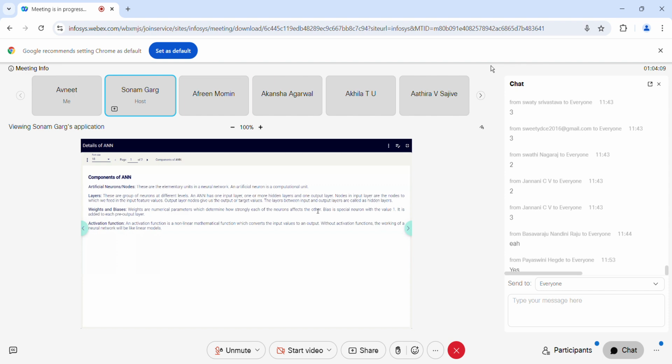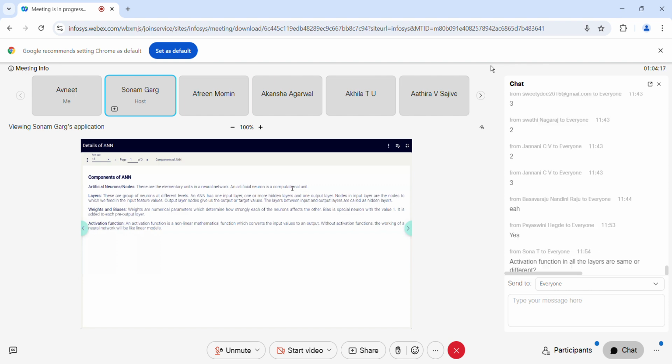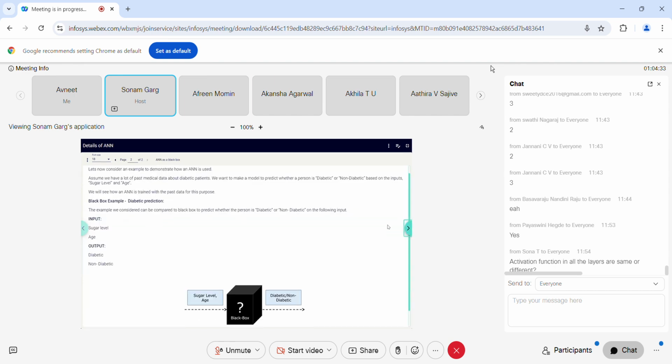Every layer is a group of neurons, which can be either a consistent number of neurons in each layer, or it can be inconsistent also. These are called hidden layers. Activation function is a non-linear mathematical function which works on your input. It should tell you what type of functions are used.